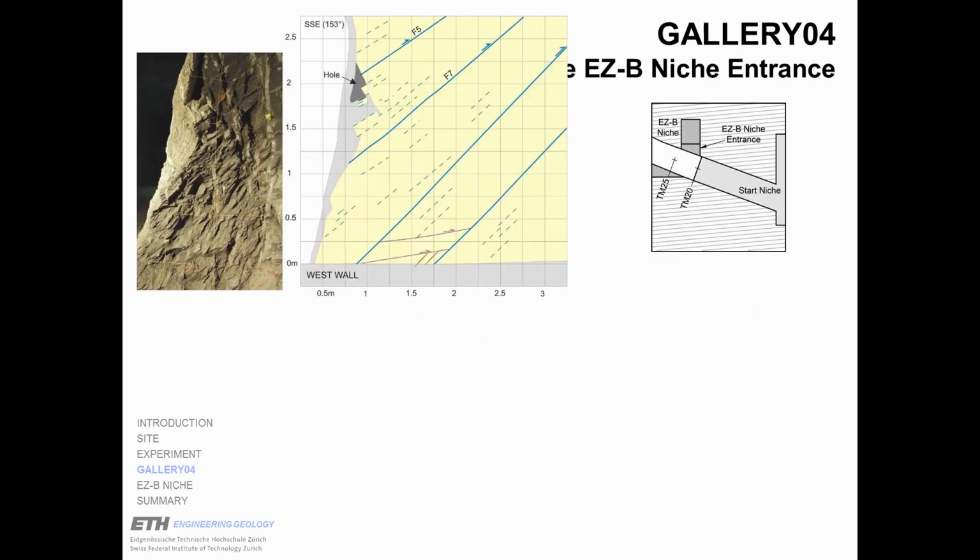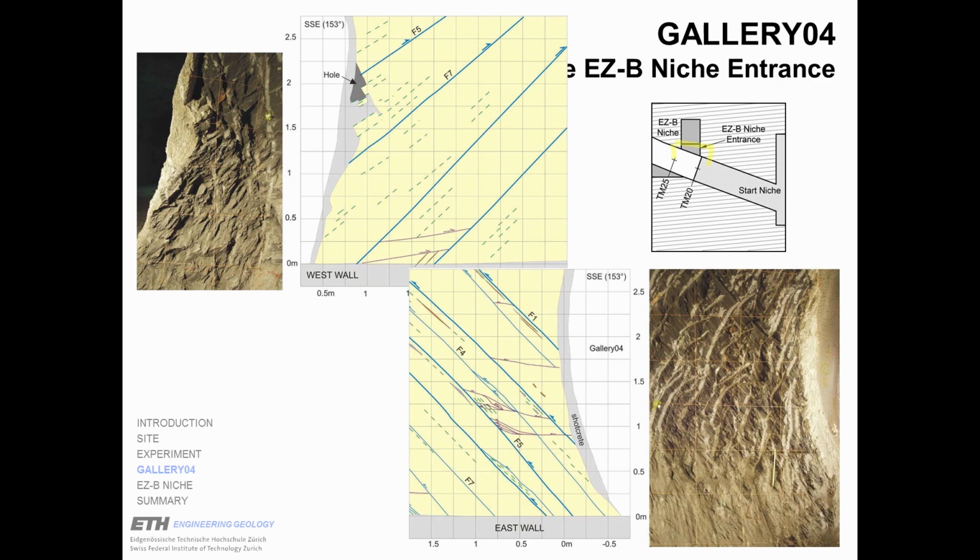What did we observe? First, we looked into the entrance. This is just the entrance to the niche, and in the side walls of the entrance, in the west wall and in the east wall, we could already map a lot of important structures, and these structures were not related to the construction of the EZB niche, but to the construction of what is called Gallery 04.